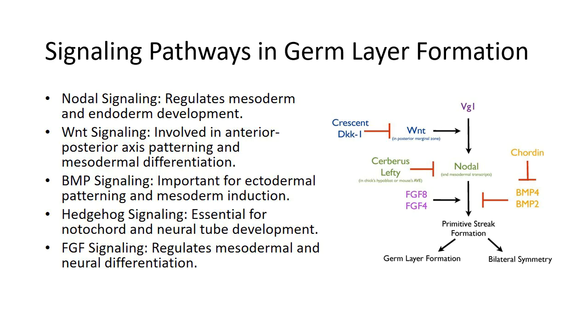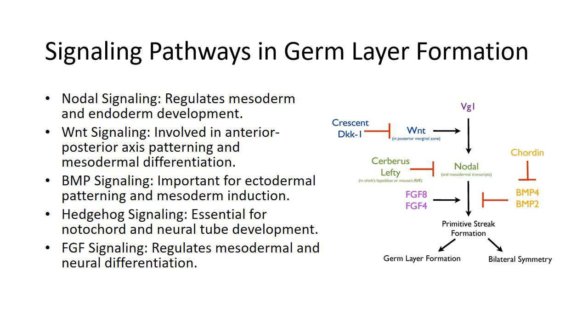WNT signaling: WNT signaling is involved in anterior-posterior axis patterning and mesodermal patterning. It helps establish the neural ectoderm and regulates neural tube formation. BMP, bone morphogenetic protein, signaling: BMP signaling is crucial for ectodermal patterning and for promoting non-neural ectoderm fates while inhibiting neural development.